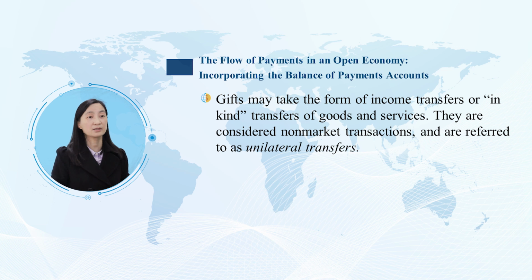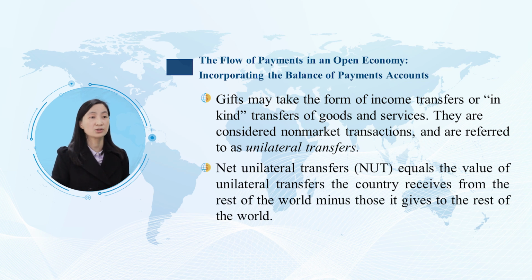Similarly, domestic entities might receive gifts from abroad. Such gifts may take the form of income transfers or may be in-kind transfers of goods and services. They are considered non-market transactions and are referred to as unilateral transfers.